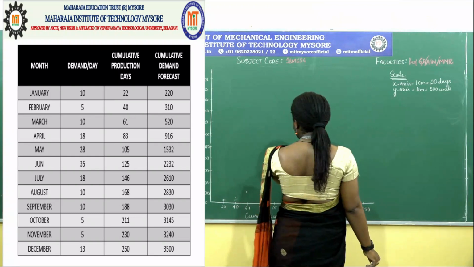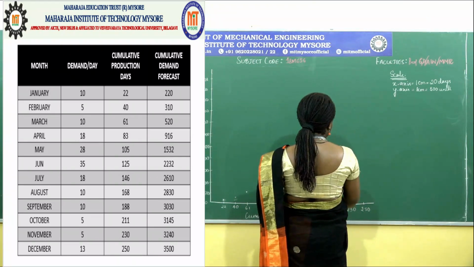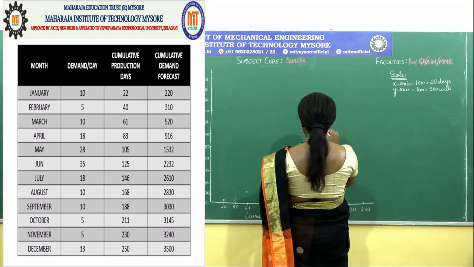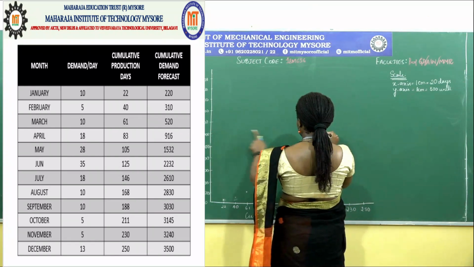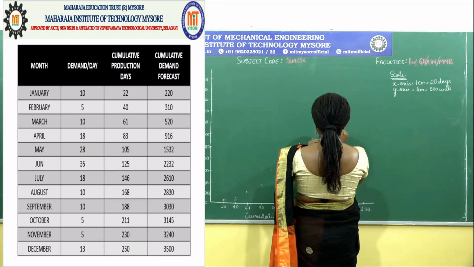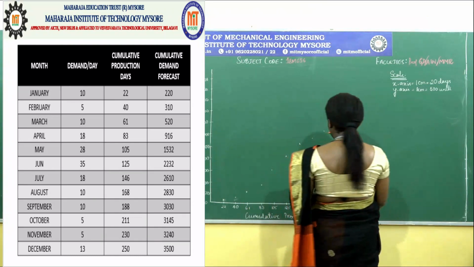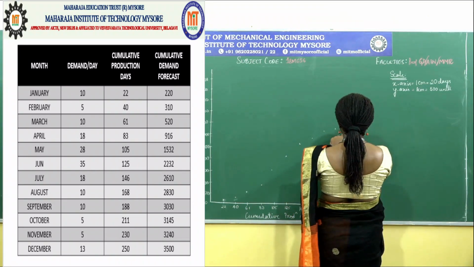It is going up to 3,030 units, $3,145, very close to each other, 3,240 units.